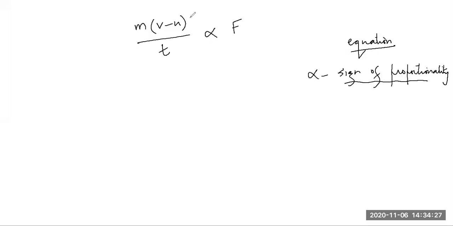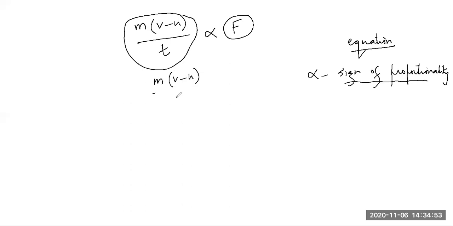This means this rate of change of momentum is directly proportional to the force applied. Now, students, whenever we want to remove this sign of proportionality, we have to introduce a constant. So the constant of proportionality, let us say k, times m(v minus u)/t.